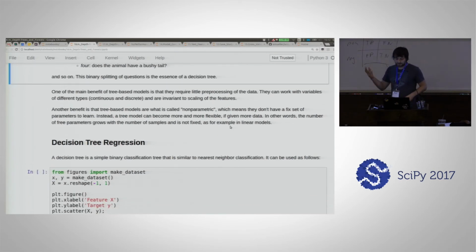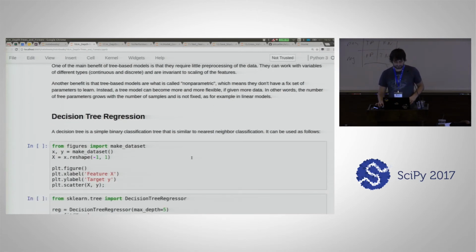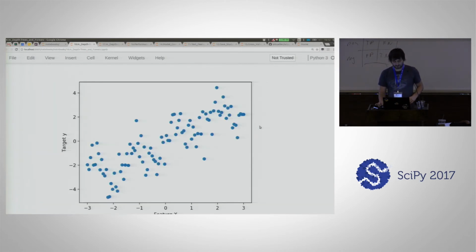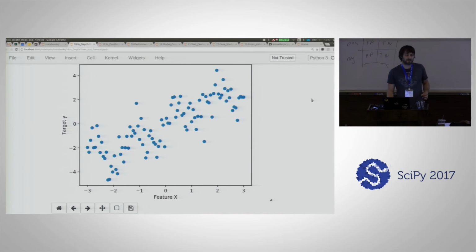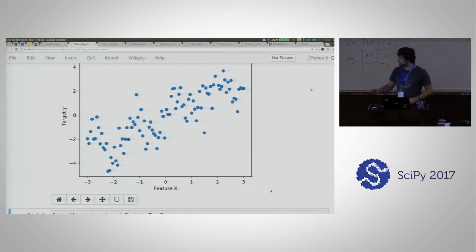So let's start with decision tree regression. We have this same data set with the sine wave and the slope that we had before for regression. The questions that decision trees ask are not really about animals having horns. They are about thresholds on features.